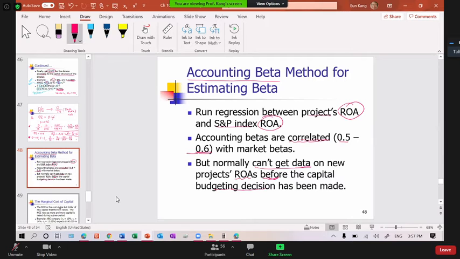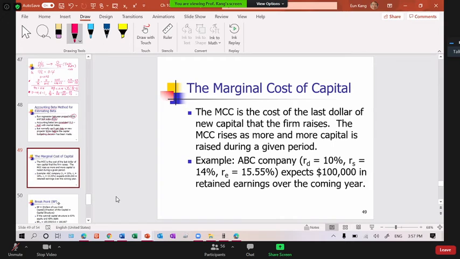Then the final concept, marginal cost of capital. Marginal cost of capital is the cost of the last dollar of new capital that the firm raises. Marginal means if you raise one more dollar, what should be the cost of capital?